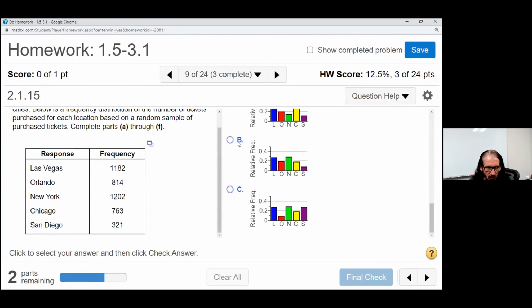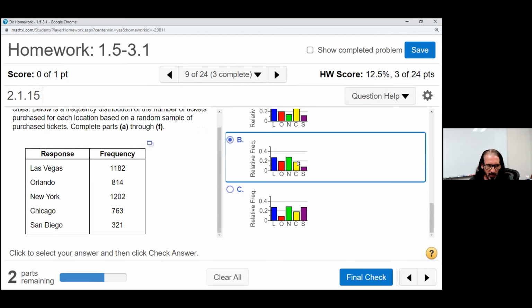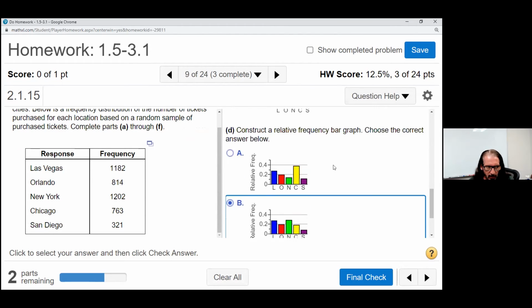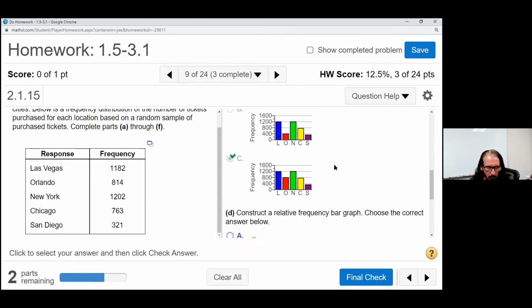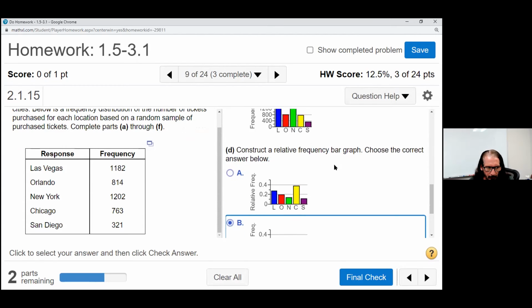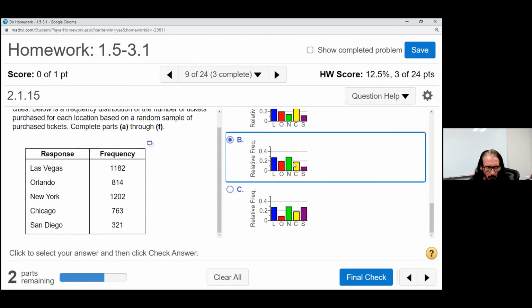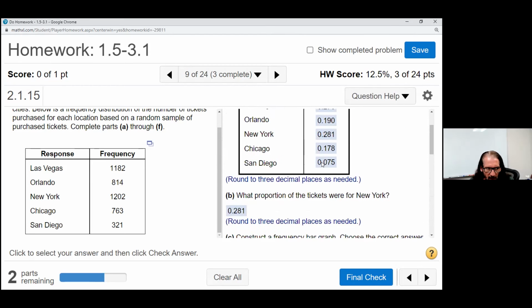Looks like it should be choice B. Take a close look at that compared to what we had back here. Goes down from Las Vegas to Orlando, back up and even higher. And also notice how New York is just a little bit above 0.2. And we had back here 0.281.